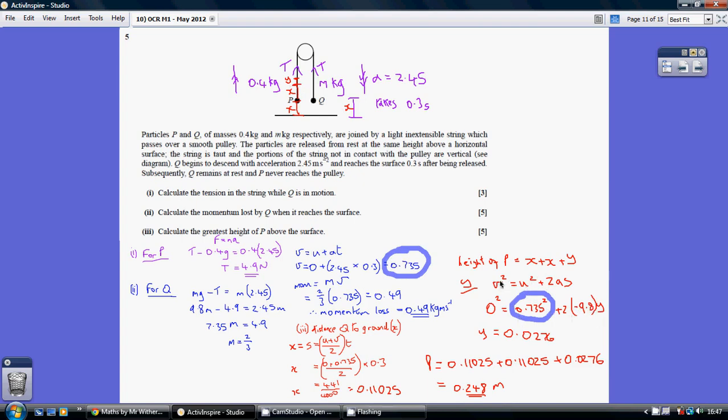So our only unknown now in v squared equals u squared plus 2as is the distance, which I'm calling y. So we can work out y to be 0.0276. So that is our y component. So adding two lots of x and a y, we get 0.248 meters.